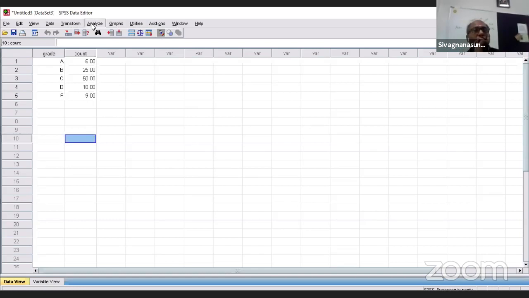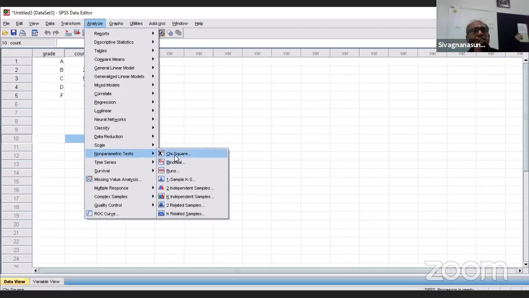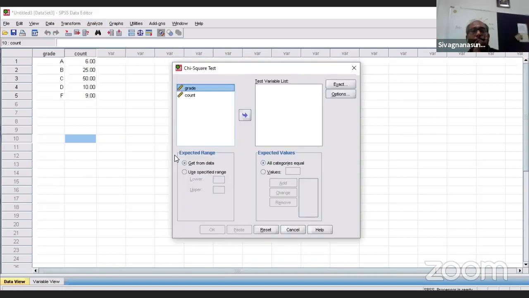How to do the test? Analyze, nonparametric tests. The test variable is count. Since I'm expecting all to be equal, there is an option you see here, all categories equal. I'm leaving that as default.